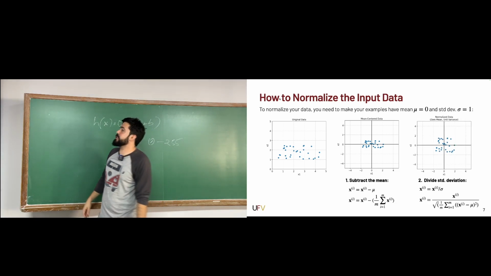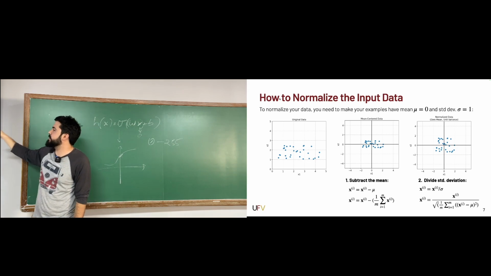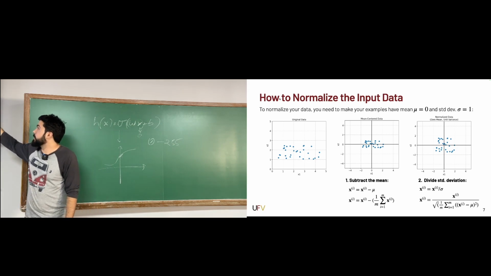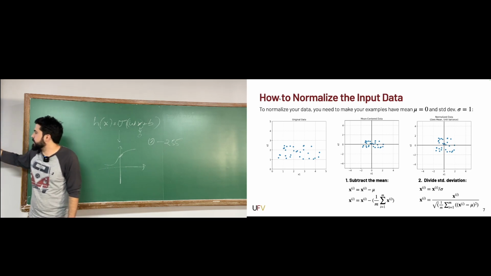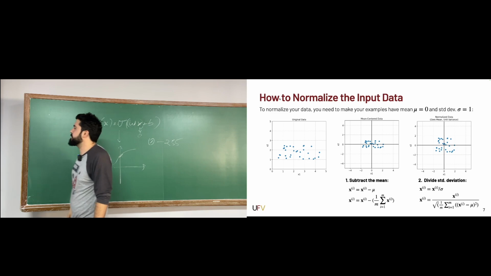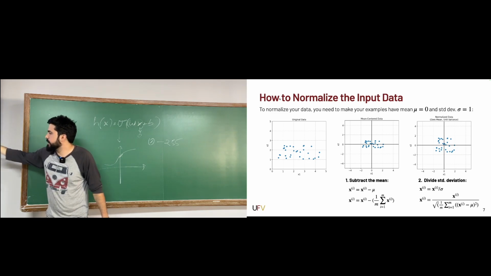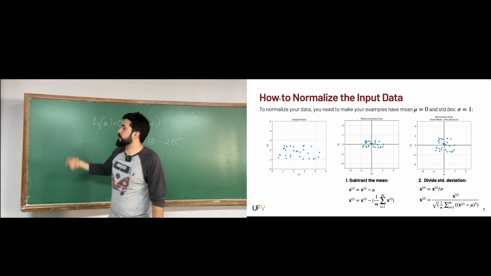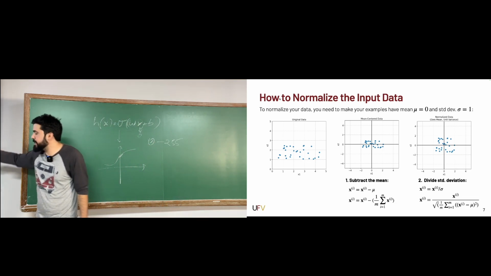And then you just have to divide by the standard deviation. So you take your xi and divide by the square root of the variance, which is the standard deviation, defined here as 1 over m, the sum of xi minus the mean squared.